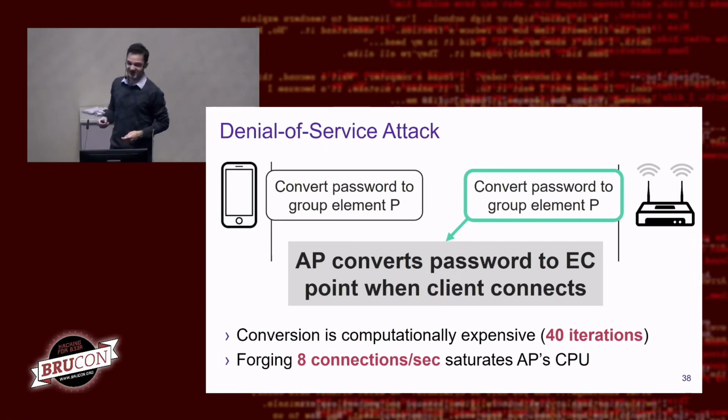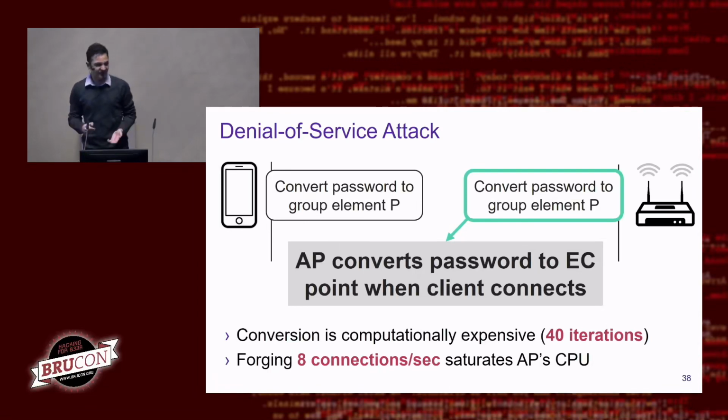And this essentially forms a denial of service attack against WPA3. Now, if you use a smaller elliptic curve, but still one that is insecure, the situation gets a bit better. In that case, only if you make around 60 to 70 connection attempts is the CPU saturated, but still it's not an ideal situation.